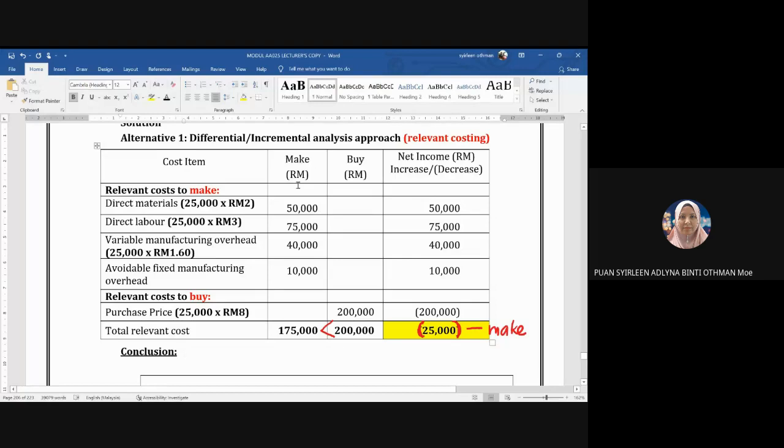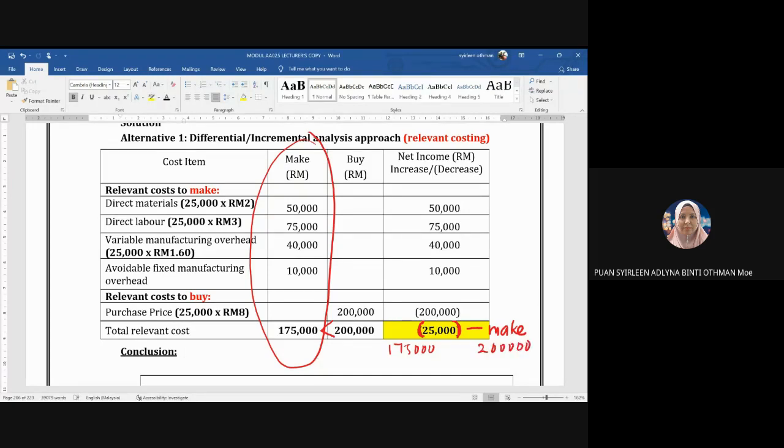So bila you make, you hanya bayar 175. Tapi bila you buy, you kena bayar 200,000. So if you are a good decision maker, saya akan decide untuk make. Sebab bila saya make, saya hanya bayar 175. Tapi kalau saya buy, saya bayar 200,000. So ini yang dia maksudkan tadi.